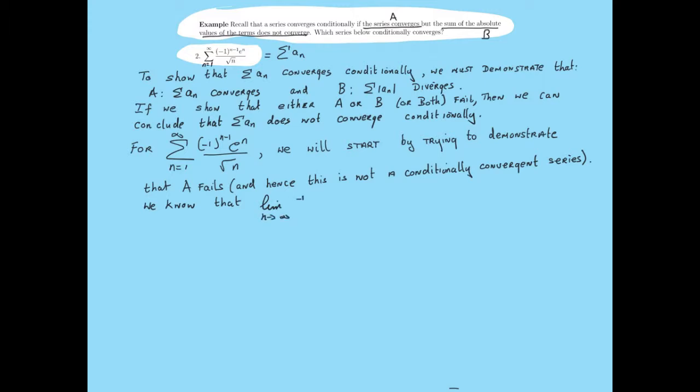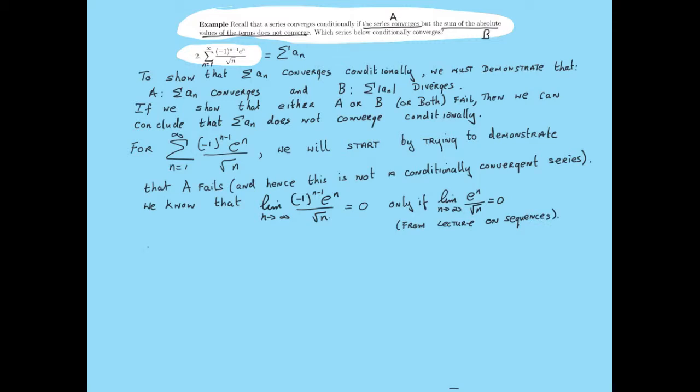If we cast our mind back to the lecture on sequences, we'll recall that the limit as n goes to infinity of this alternating sequence of the terms of this series is equal to 0 only if the limit as n goes to infinity of the positive part is 0.